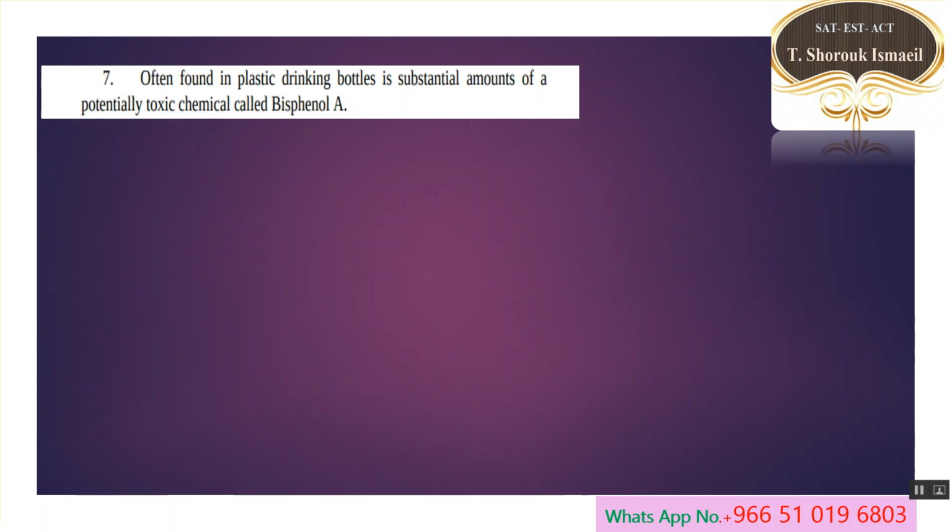Okay, let's move on. Often found in plastic drinking bottles is in substantial amounts. Often here is an adverb. Found is a verb. In plastic is a phrase I don't need. Is, I found a verb, so I need to have a pause here. I stop. Is substantial amounts. What am I talking about here? I'm talking about amounts of a potentially toxic chemical. All this is a prepositional phrase to describe the amounts here. I don't need it.